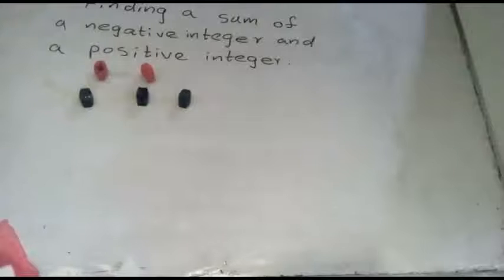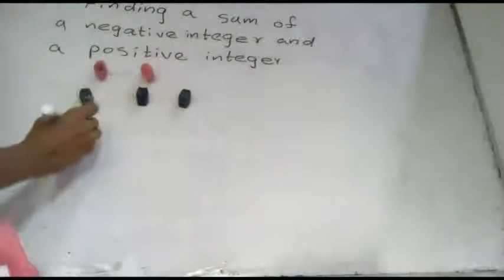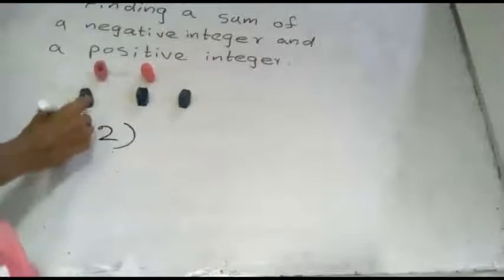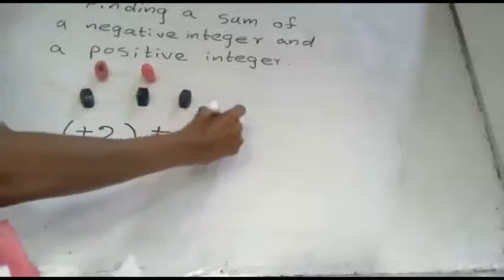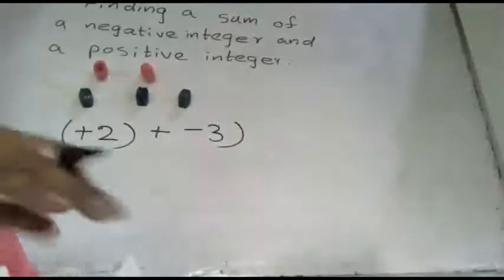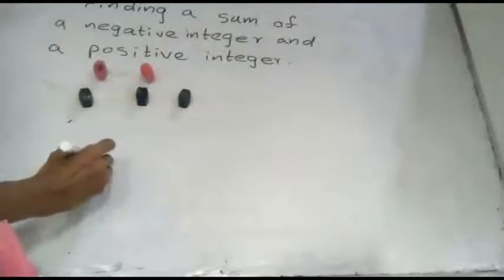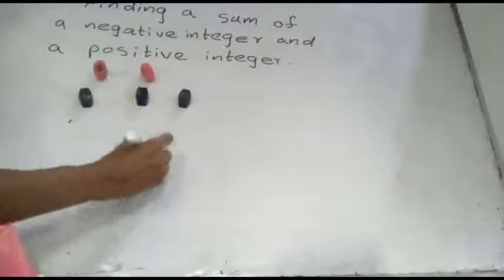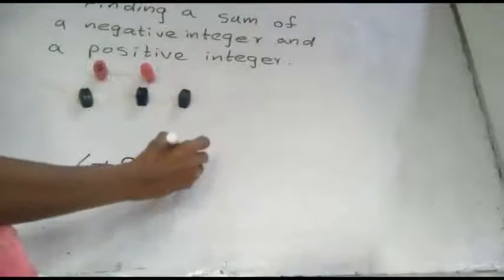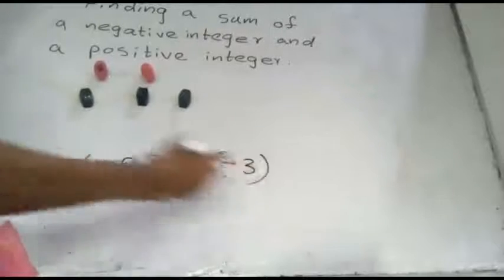Now we are going to find the sum of a positive integer and a negative integer. Here, positive 2 plus negative 3.